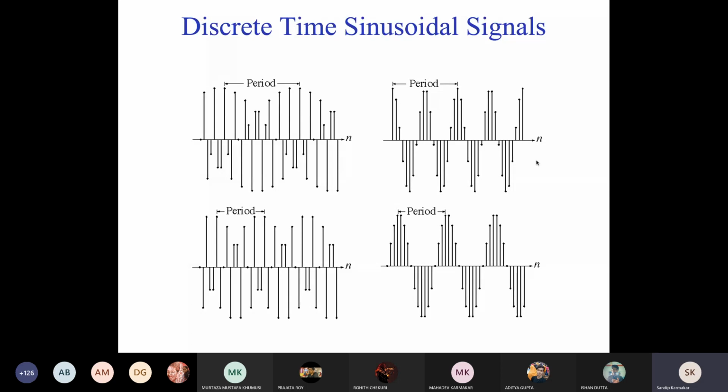Can you tell which of the four discrete time sinusoidal signals, in the corresponding continuous time sinusoidal signal, has the maximum period? Could you repeat the question once more, sir? I am telling you these are all continuous time signals, right?